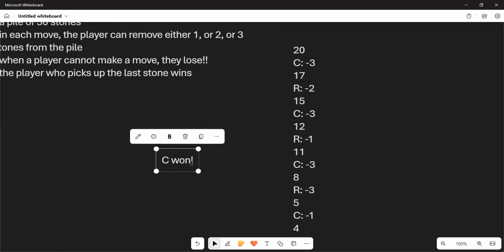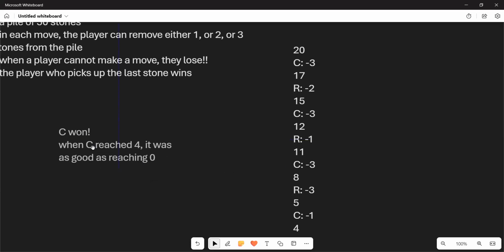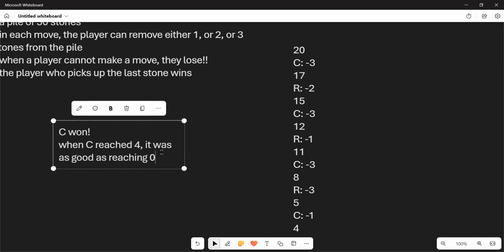So when C reached 4, it was as good as reaching 0, right? Because no matter what R does, C is going to win. Make sense? So now our new goal is to reach 4. If we reach 4, we win, right?